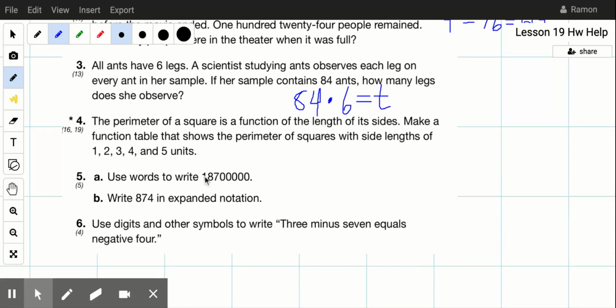Number 4, the perimeter of a square is a function of the length of its sides. Make a function table that shows the perimeter of squares with side lengths of 1, 2, 3, 4, and 5 units. So we're going to make a function table.